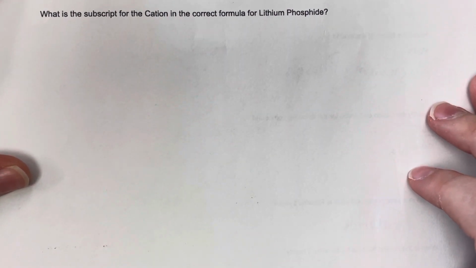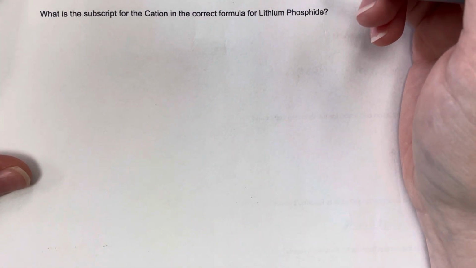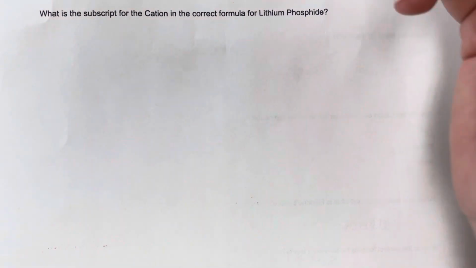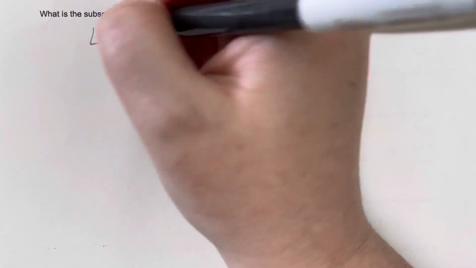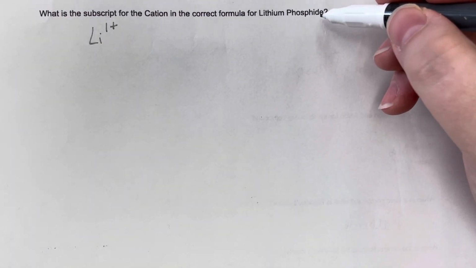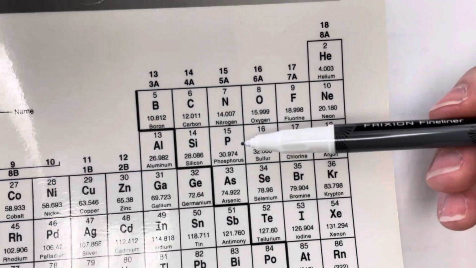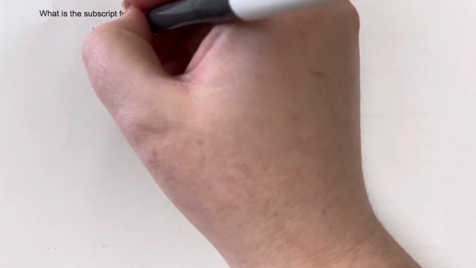What is the subscript for the cation in the correct formula for lithium phosphide? So first thing I need to do is find the correct formula for lithium phosphide. I need to figure out who lithium is. Lithium is symbol Li, and it is in the first column, which means it has 1 valence electron, and it's going to give that 1 valence electron away. Since giving a gift is a nice thing to do, it's going to have a charge of positive 1. Phosphide is secretly phosphorus. Phosphorus is element symbol P. It is in column 5, which means that it has 5 valence electrons.